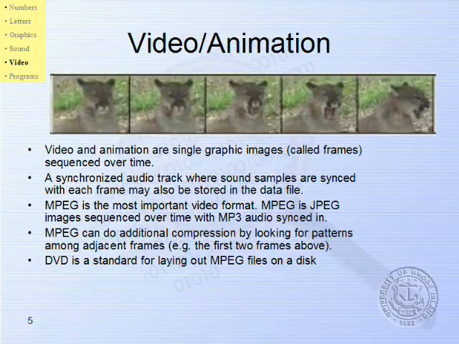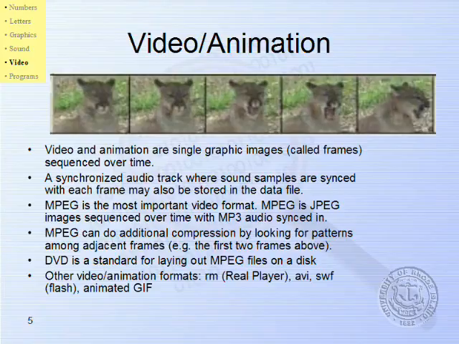Now DVD is a standard for laying out MPEGs on a disk. So if you watch a DVD video, the videos are actually stored in MPEG format on the disk. There are other animation formats. Real Player was more prevalent in the late 90s, early 2000s, .rm files, AVI files, which this video is in, flash files that you see on web pages with either video or animation, and animated GIFs.